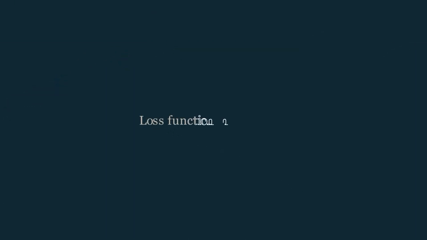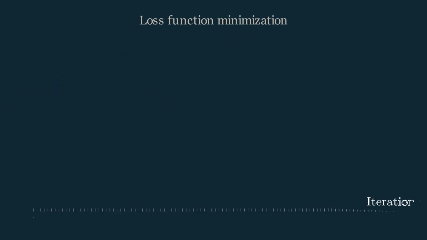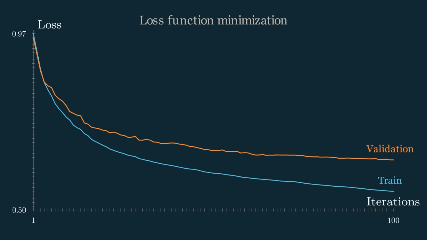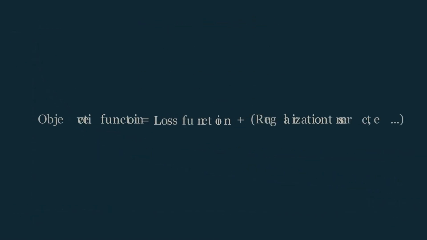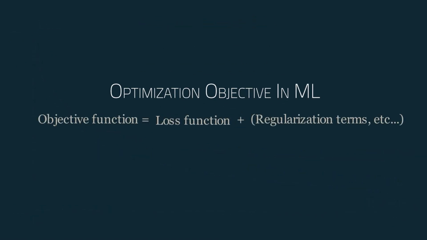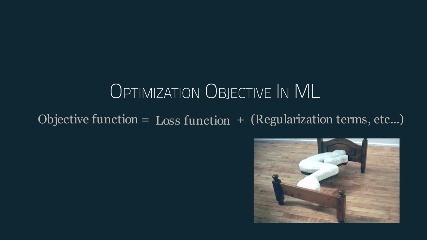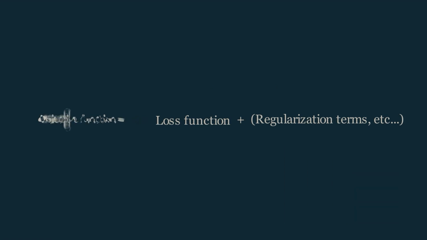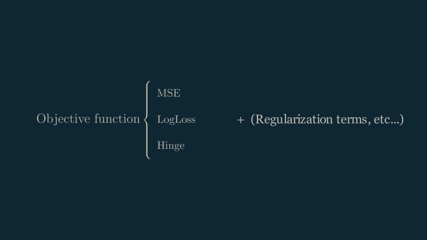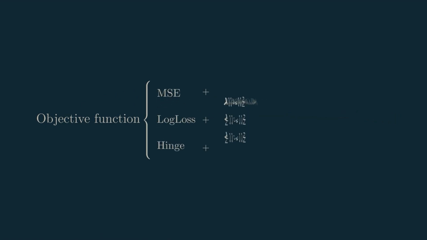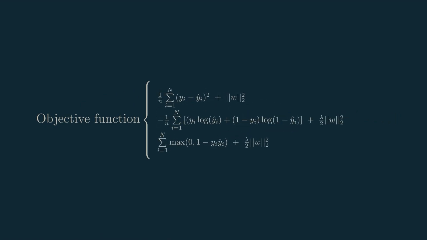And in the machine learning universe, we're familiar with the term loss function, and that usually constitutes a part of the objective function of an optimization problem in machine learning, because we usually add to it some regularizing term to avoid, for example, overfitting. For instance, we use the mean squared error loss function for linear regression, we use the log loss or binary cross entropy for logistic regression, and we use the hinge loss for SVM or support vector machines.